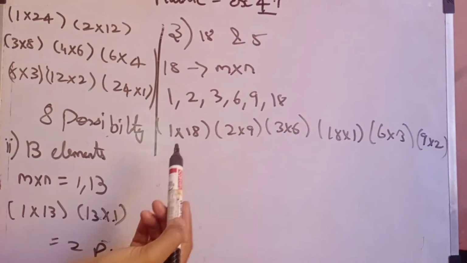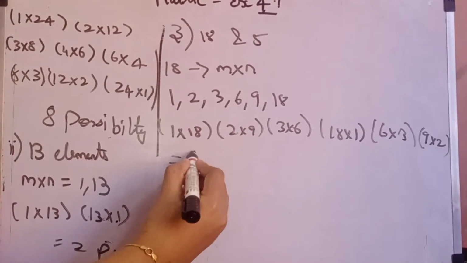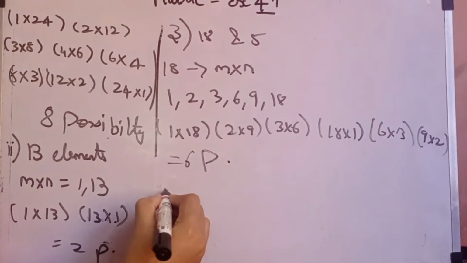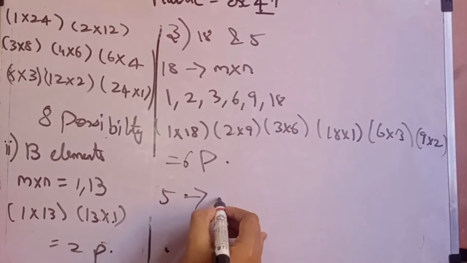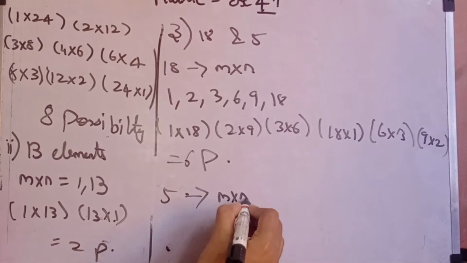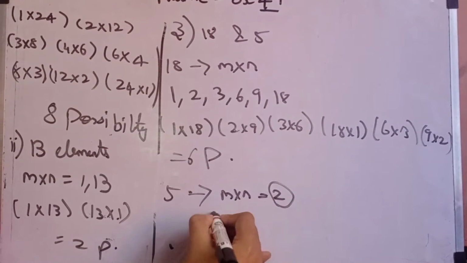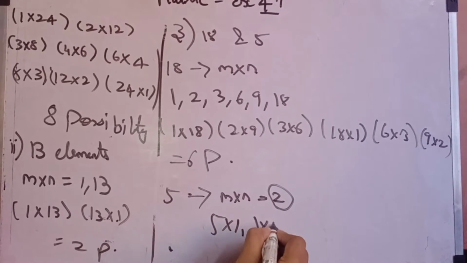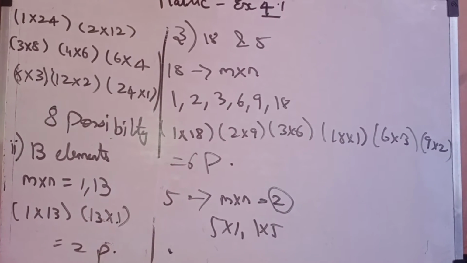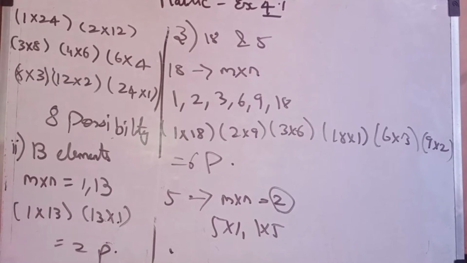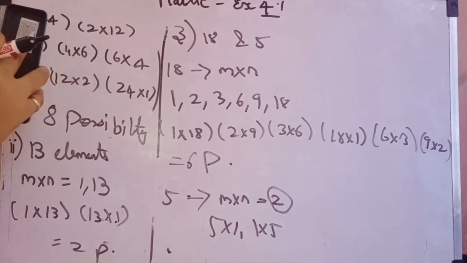So how many possibilities? 1, 2, 3, 4, 5 and 6 possibilities we have here. For 5, it is a prime number. So how many possibilities will be there? 2, right? 5 into 1 and 1 into 5. Okay. Have I made myself clear with this elements formation?